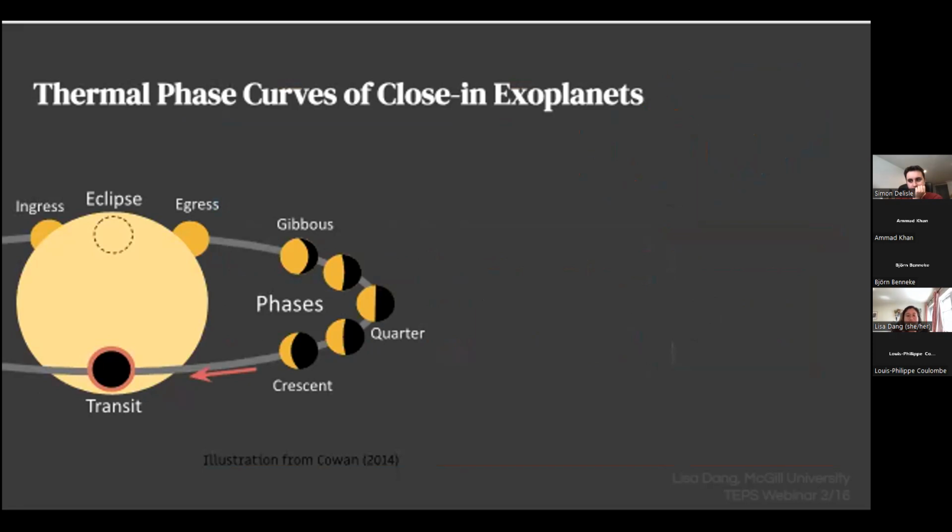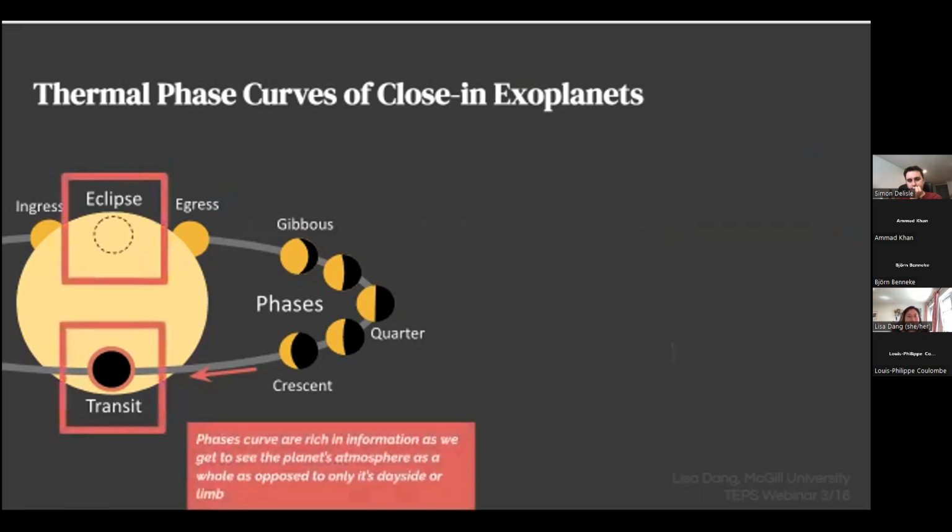And because of strong gravitational and tidal interaction, they're also likely synchronously rotating, resulting in a permanent day side and a permanent night side, as illustrated here on this slide. We're also expecting drastic temperature gradients between the substellar point and the antistellar point. And so as the planet transits its host star, a distant observer will see a transit as the planet passes in front and an eclipse as it goes behind.